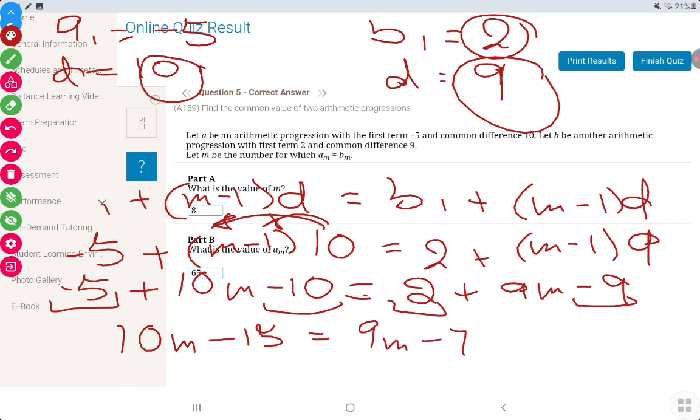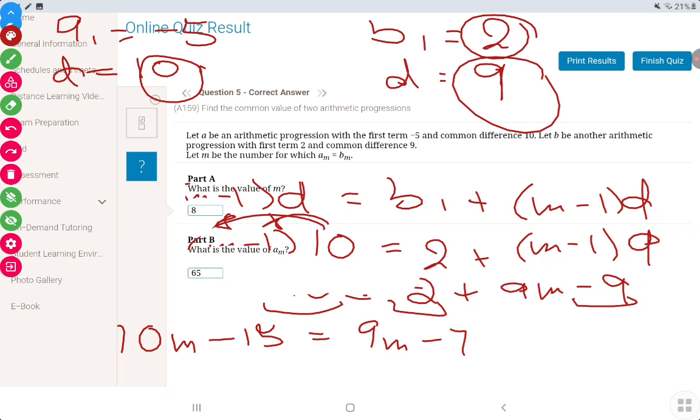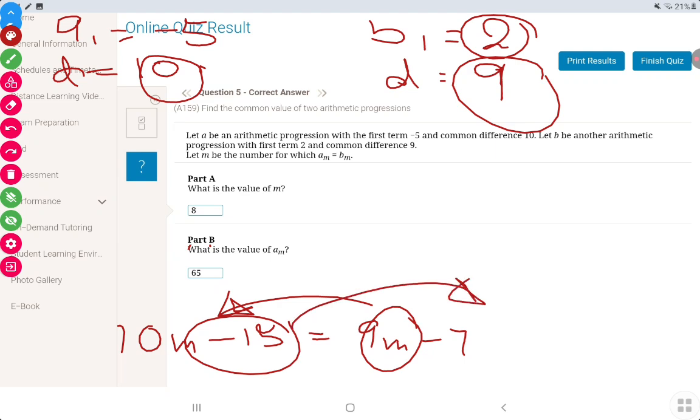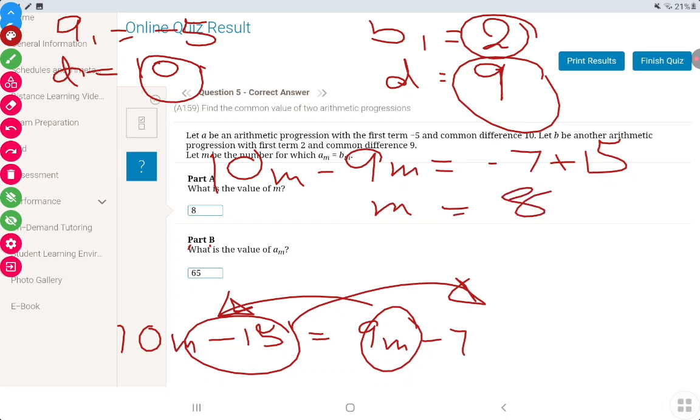Then we make the constants on one side and the ones with variables on one side. So we bring 9m over to this side and we bring the 15 over to the other side, switching signs. 10m minus 9m equals -7 plus 15, which is 10 minus 9 is 1, so 1m equals -7 plus 15 is 8. So m is 8.